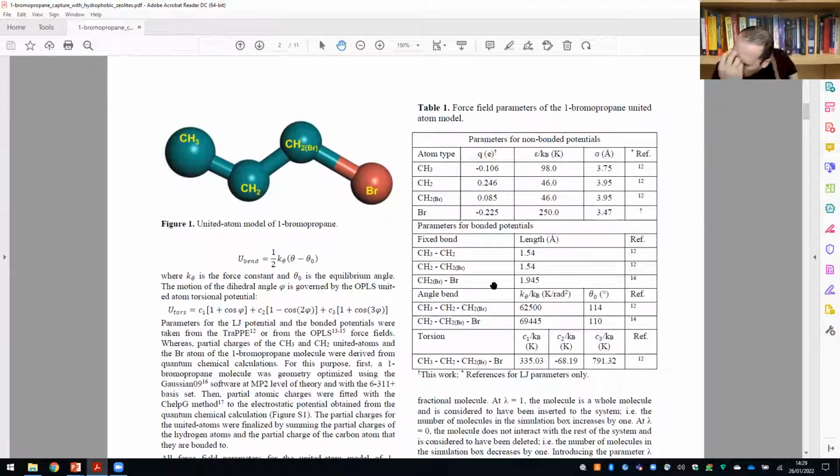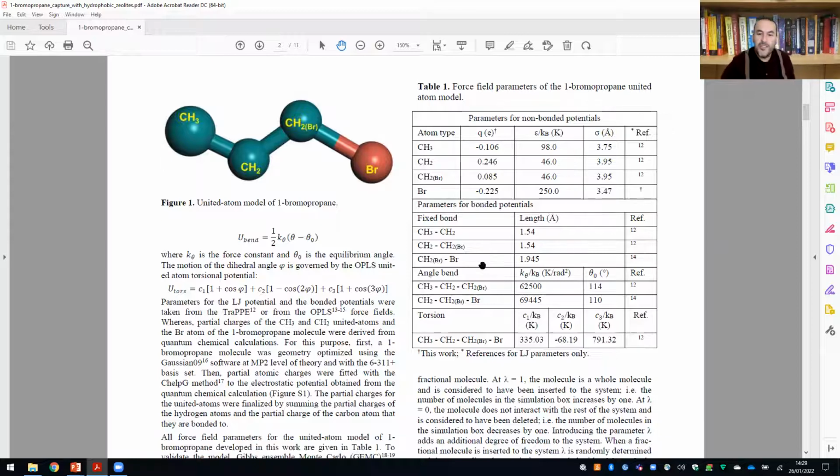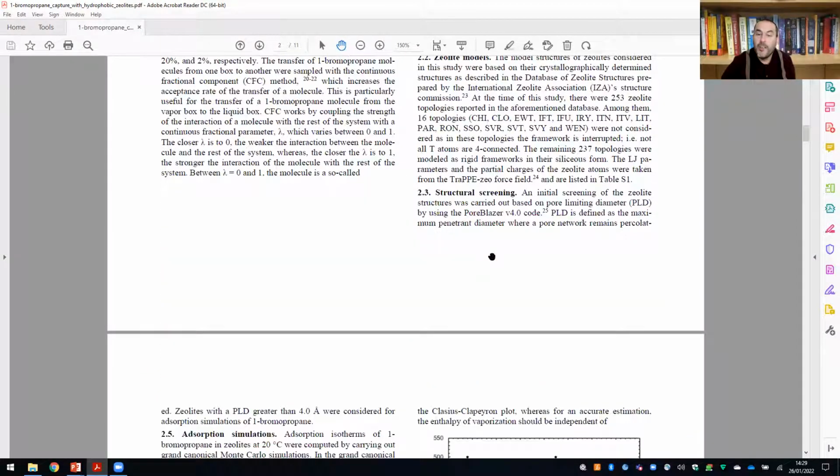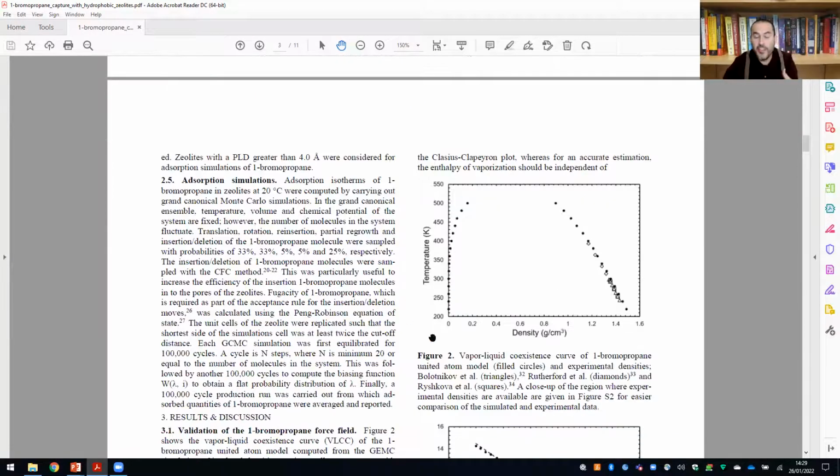I think 2 weeks ago there was a presentation about the force fields. But what we do is Monte Carlo simulations in the Gibbs ensemble to represent vapor-liquid equilibria.